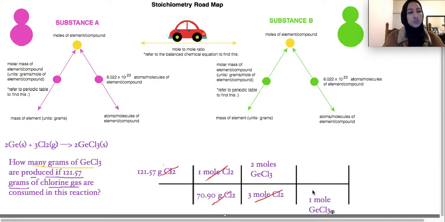If I put 2 moles of germanium chloride here, and I move down, then I'm going to have to find the molar mass of 2 germanium chlorides. So instead, I'm going to make it easier on myself. I'm just going to put down the mass of 1 mole of germanium chloride. So up top, I'm going to move down.